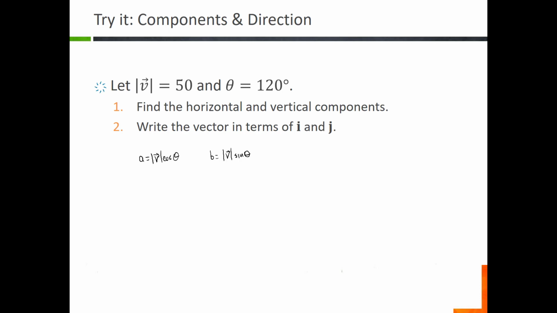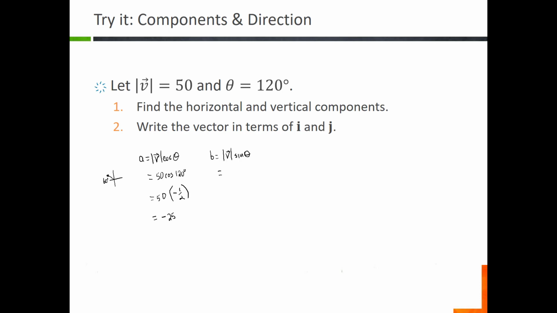So a is going to be 50 times the cosine of 120 degrees. 120 degrees is in the second quadrant, and it has a reference angle of 60 degrees. The cosine of 60 degrees is a half, and since it's in the second quadrant, it's going to be a negative half. So 50 times the negative half is negative 25.